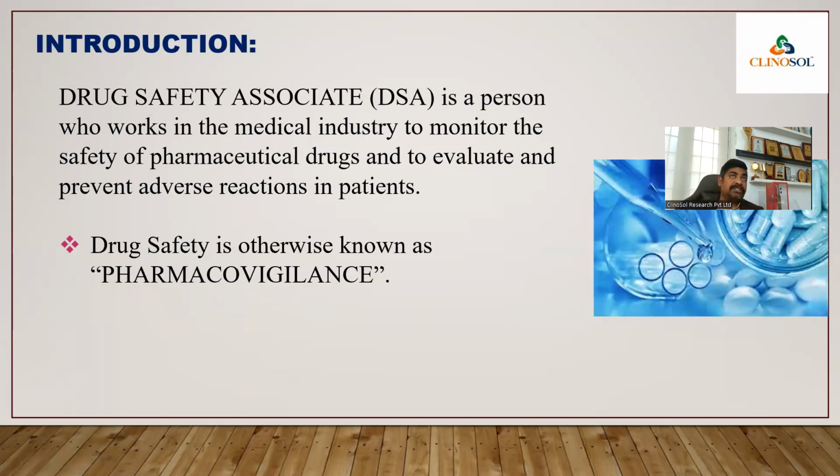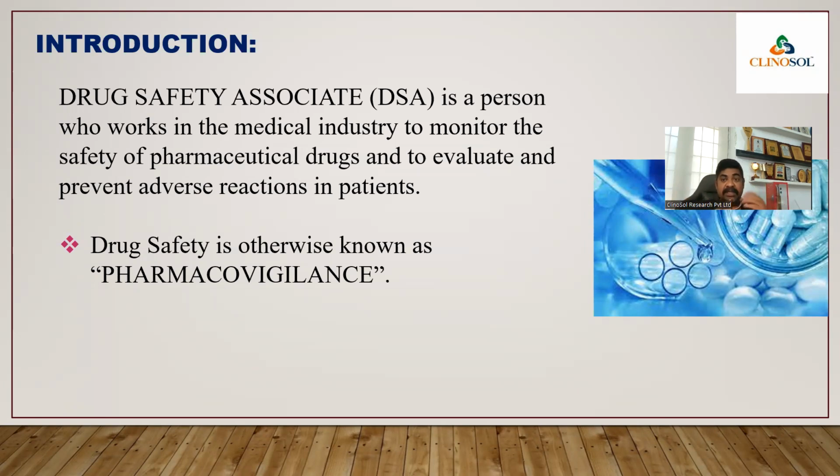A drug safety associate works in pharmacovigilance, and he is responsible for handling ICSRs, or individual case safety reports. In other words, a drug safety associate is a person who works in the medical or pharmaceutical industry to monitor the safety of pharmaceutical drug products, and also the safety of devices or vaccines.